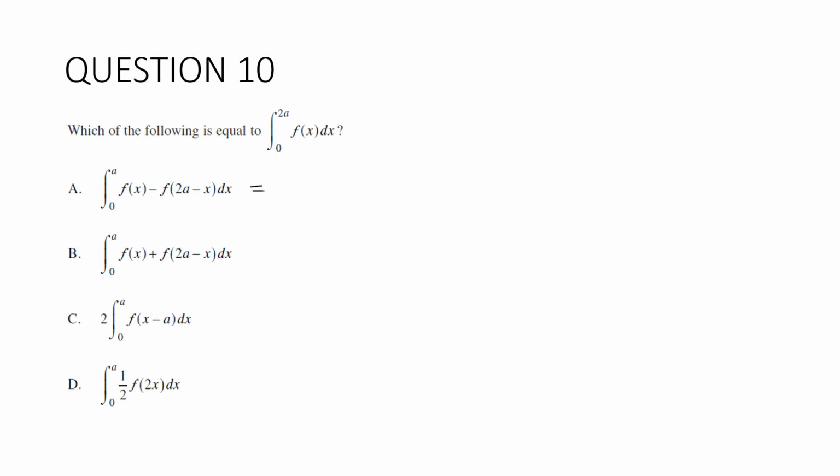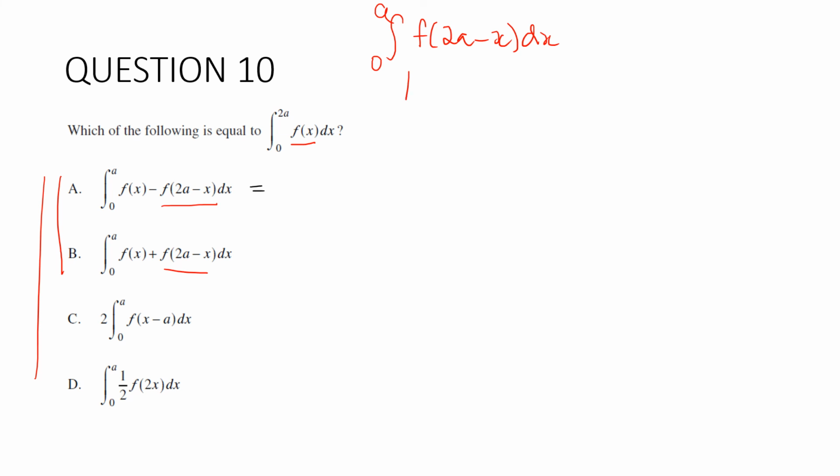Question 10. Which of the following is equal to the integral between 0 and 2a of f of x dx? Now, one of the ways you can do this question is just to make a suitable substitution for f of x and then eliminate, because you're not trying to do an actual proof here, you're just trying to eliminate the options. But let's have a look at how we do it formally. I'm going to start by looking at A and B, and I can see this is common to both of them. So we're going to make a substitution for this function. And we say let u equal a minus x. And so du is equal to negative dx.